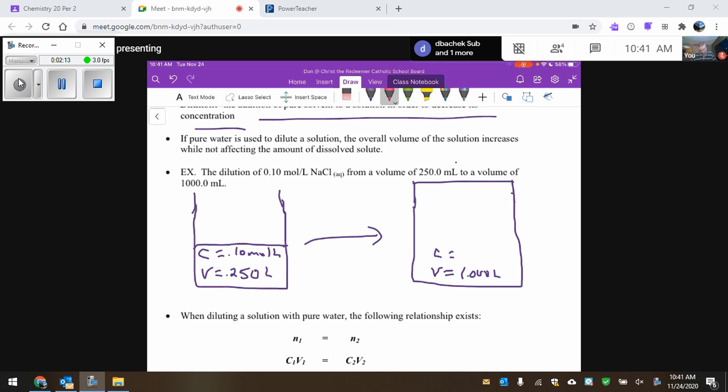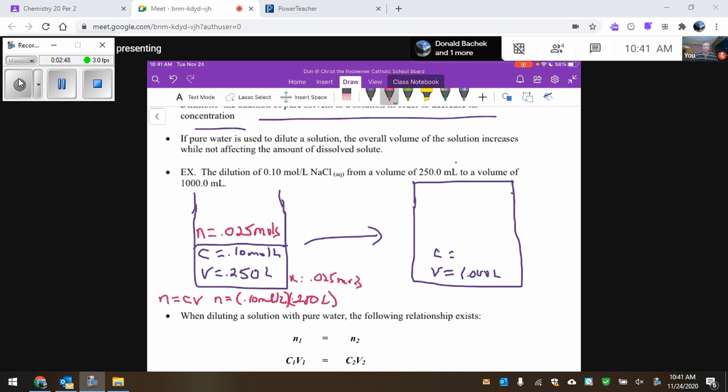We know that n is equal to C times V. n in this case would be 0.10 molar times the 0.250 liters, and that would be 0.025 moles. So the amount of solid I have in this beaker is 0.025 moles. That's how much NaCl I have.